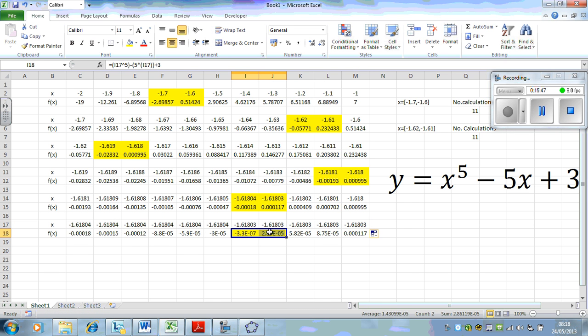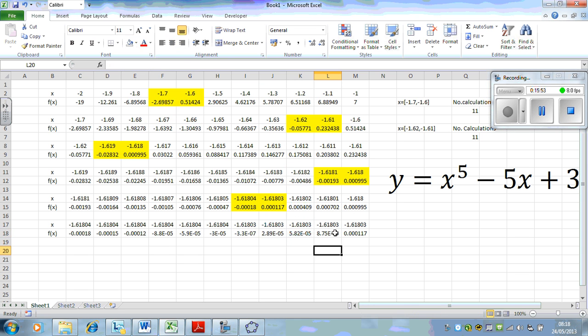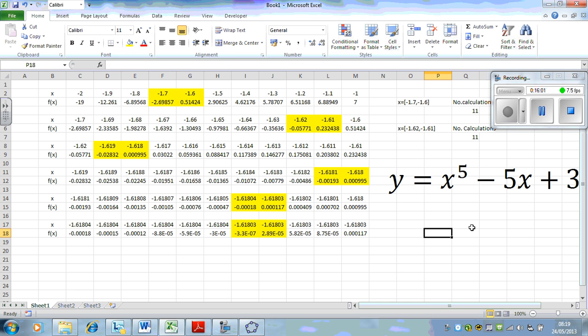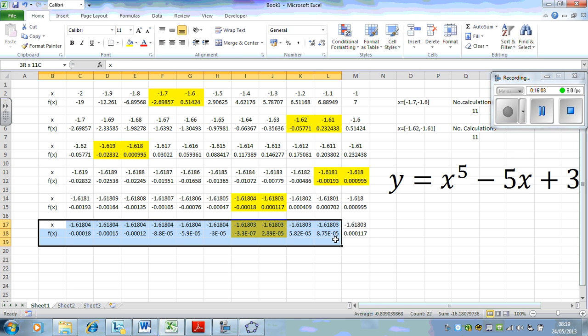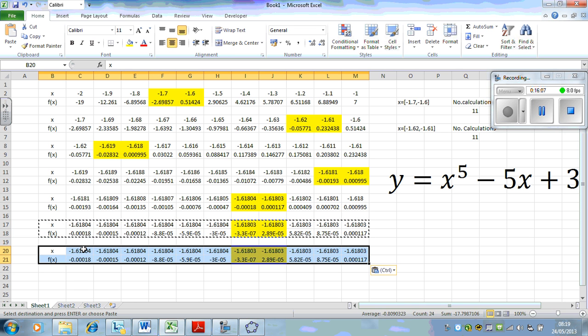That e to the minus 7 represents a really tiny number. We're getting closer and closer to the root. The change of sign, well, there's minus, there's positive, so the change of sign is in there. Okay, and just do one more to be safe.